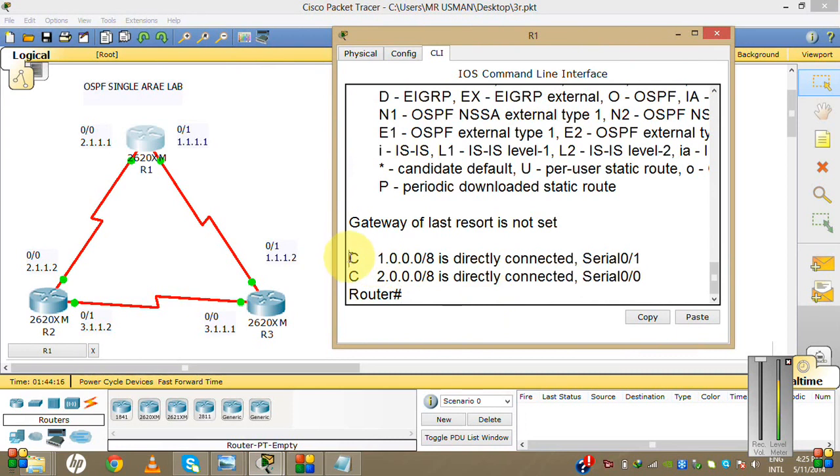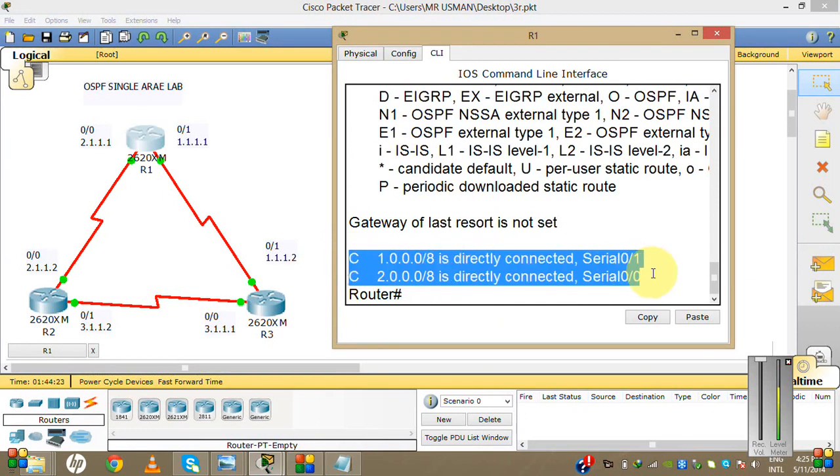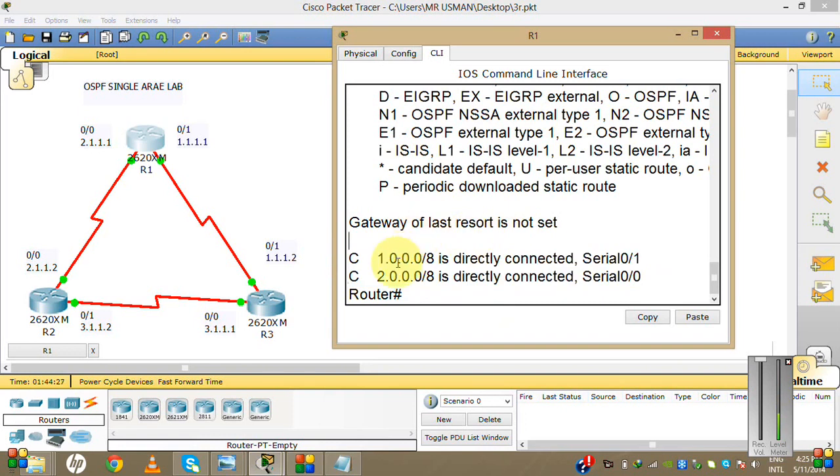C shows the directly connected routes, and two routes are directly connected, showing here 1.0.0.0 and 2.0.0.0. But the third route is not present in the routing table of router 1 because it's not directly connected to the router.